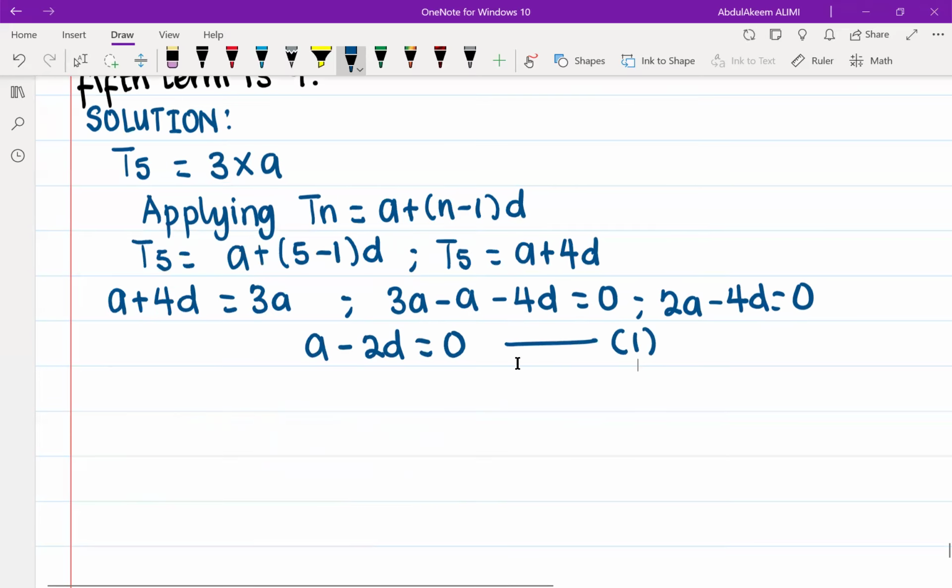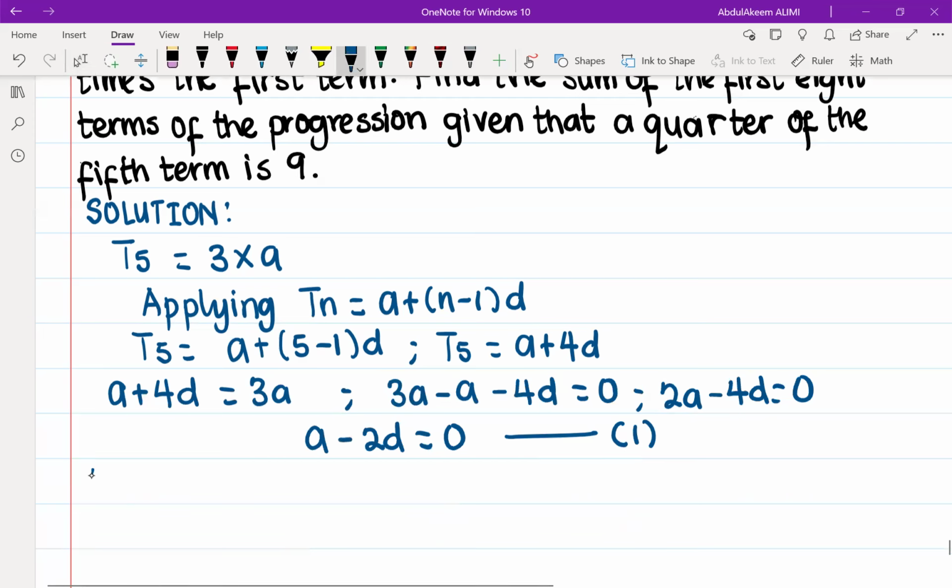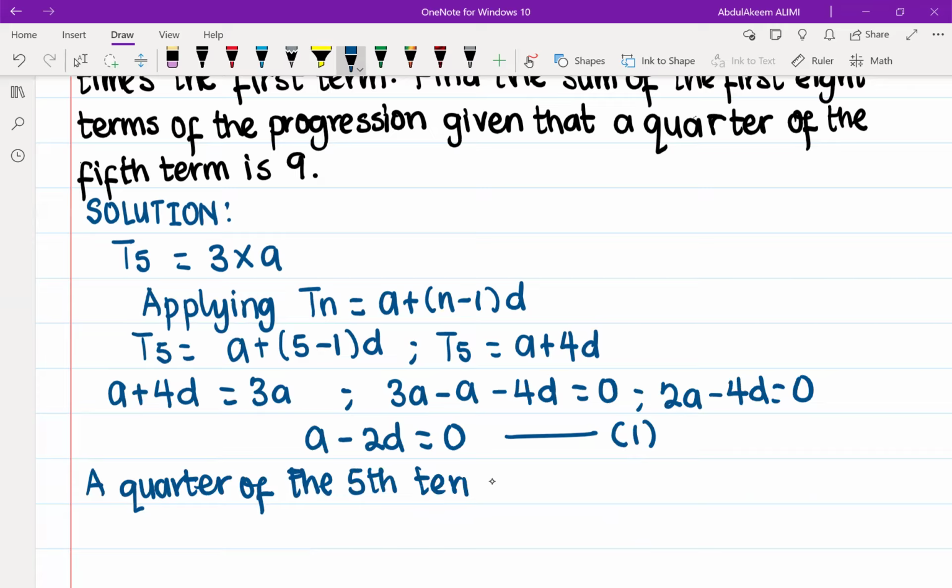So the next sentence there: find the sum of the first 8 terms, given that a quarter of the fifth term is 9. So if I have a quarter of the fifth term, that's 1/4 times the fifth term is equals to 9.